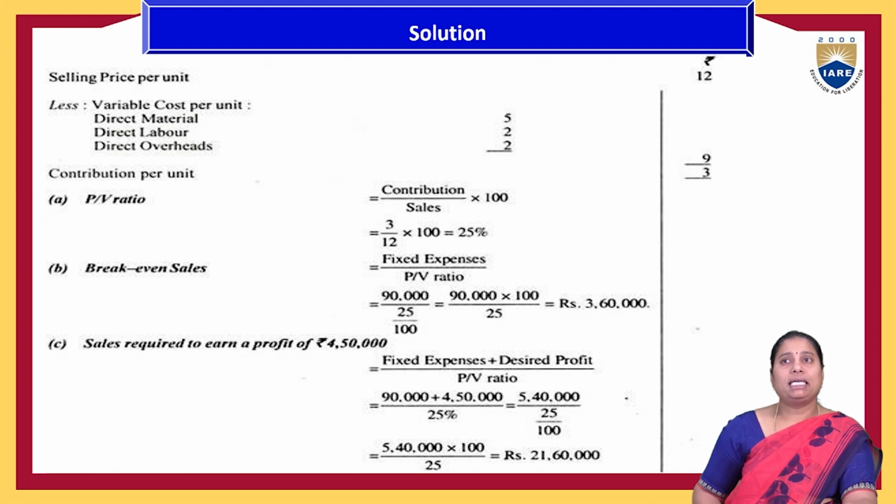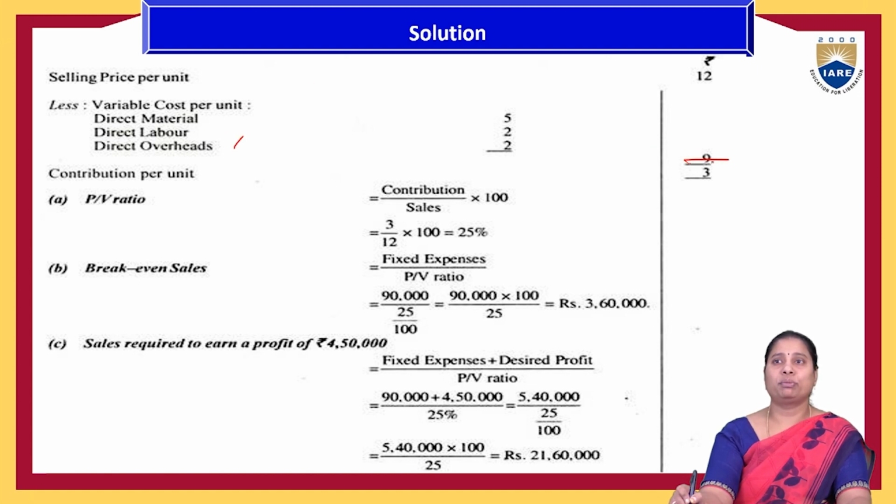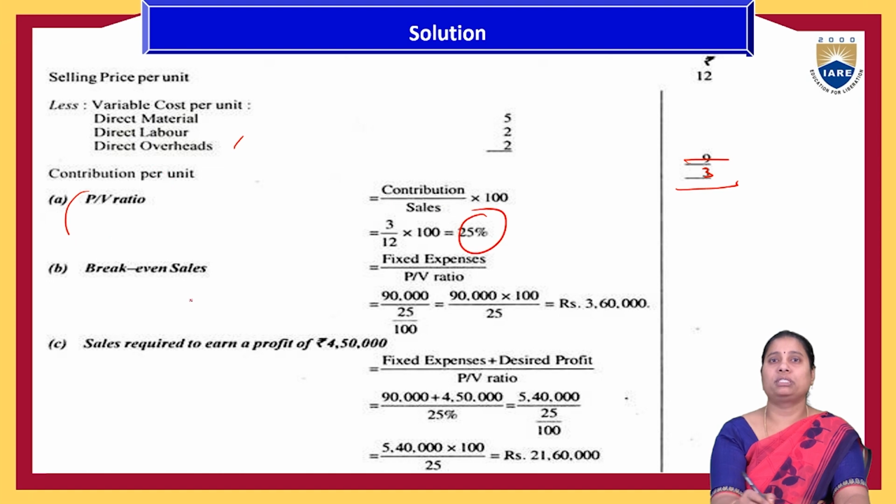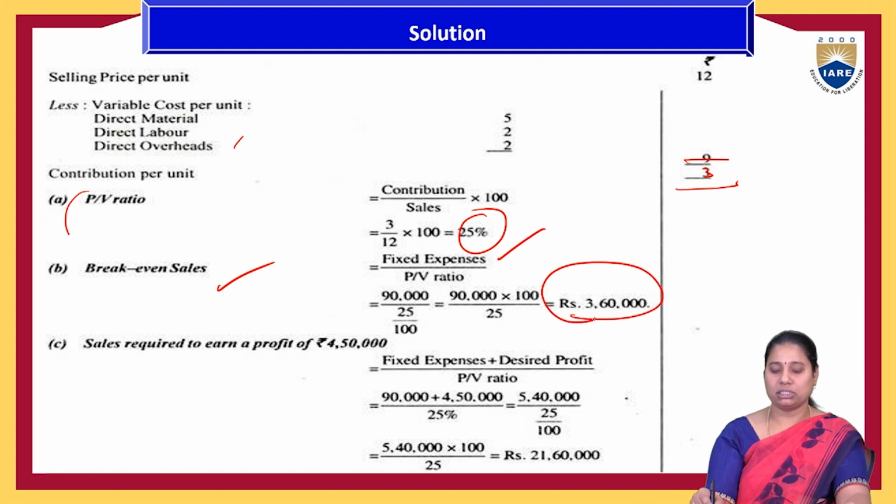If we add the direct labor, direct material and overheads, the cost is a total of 9 rupees, then the contribution per unit is 3 rupees. So we know that P/V ratio is equal to contribution divided by sales, that means 25% P/V ratio. Break-even sales means fixed expenses divided by P/V ratio, that means it is 3,60,000.